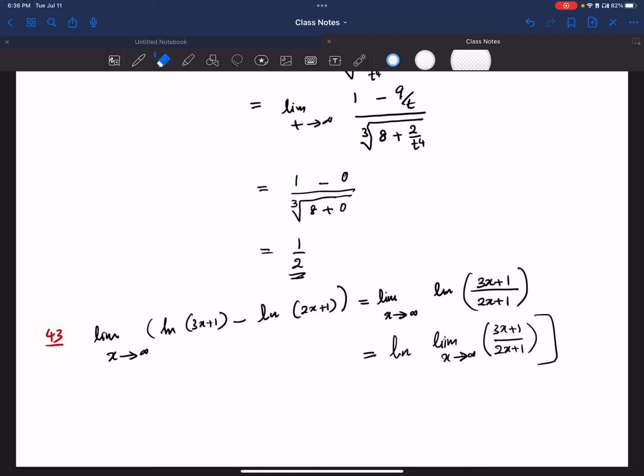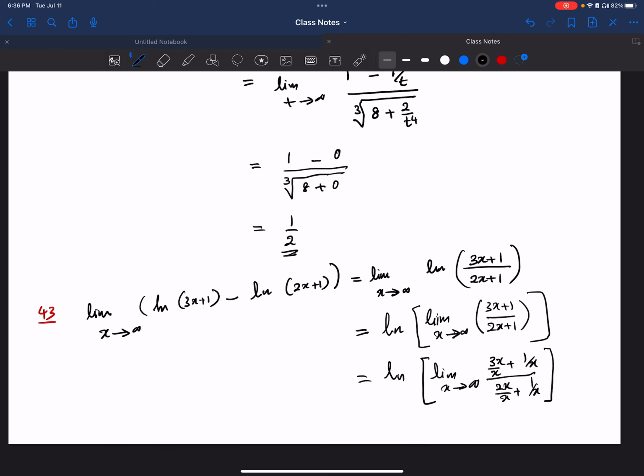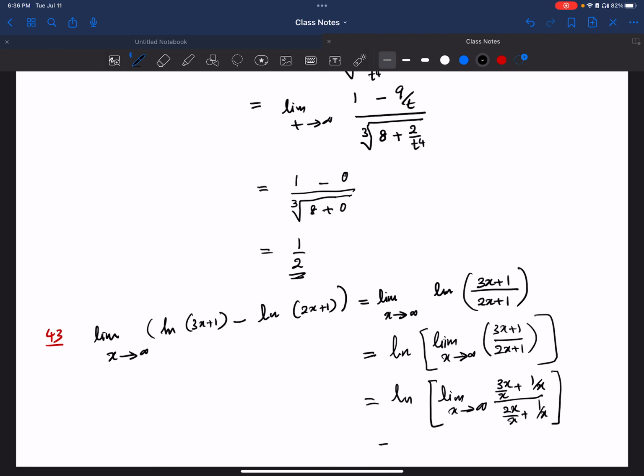Now I can divide this by x, and then it's natural log.